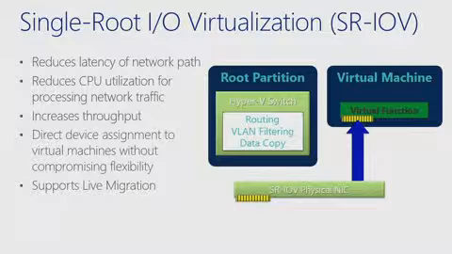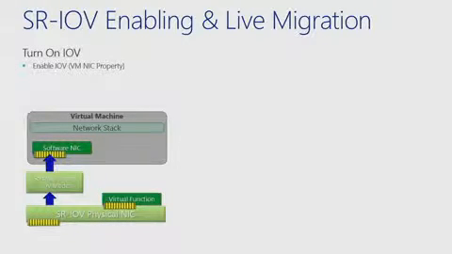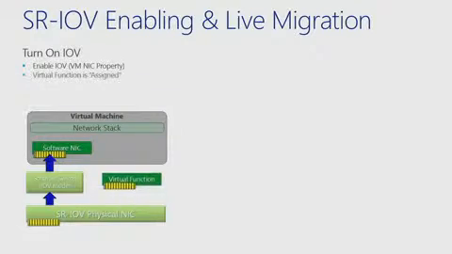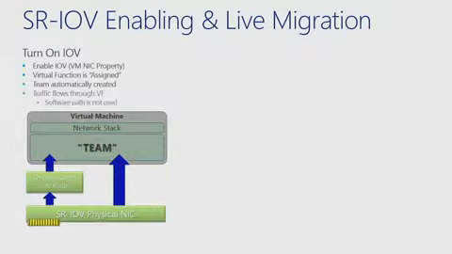So you mentioned the question of live migration. This is where the magic comes in. So we enable it in the software stack, we enable it in the VM, and what we're effectively doing is inside the VM we're creating a team. A magic team.